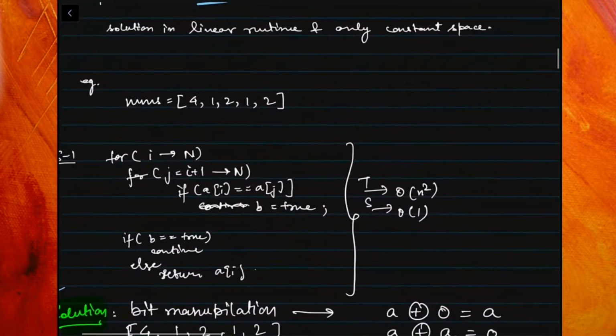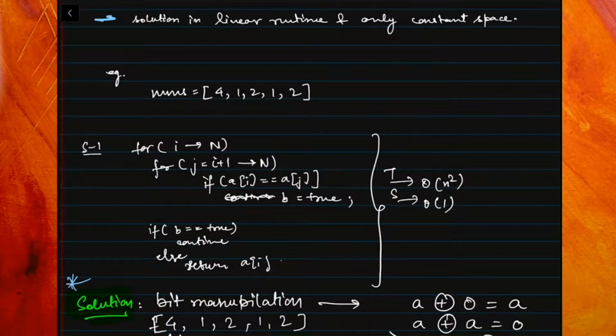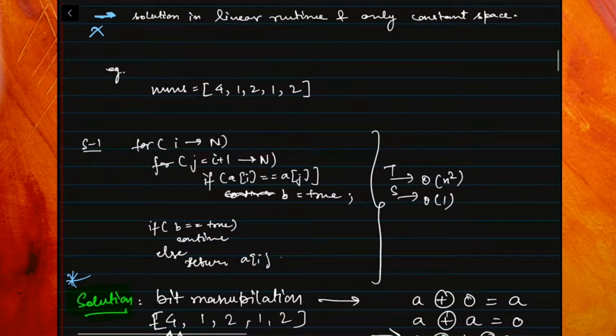If this condition was not given, we could use the brute force method, going from 1 to n and then i plus 1 to n. We could see if that number is repeated, then that's totally fine, we go to the next iteration.